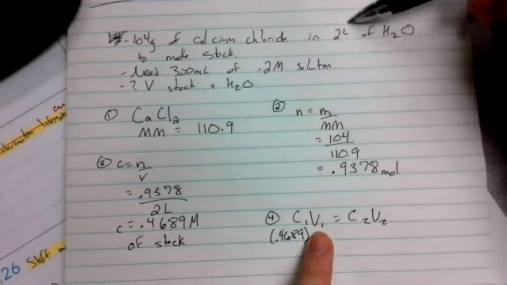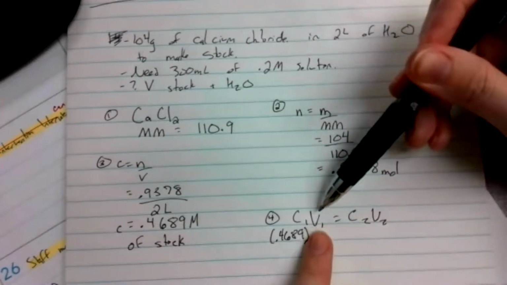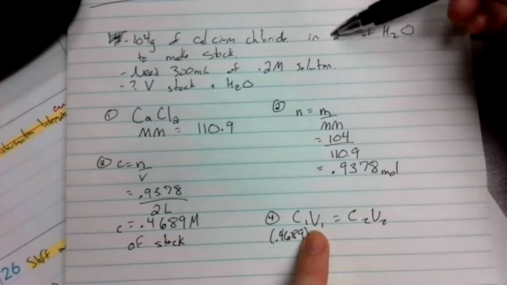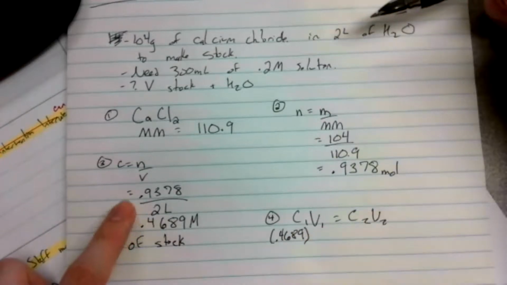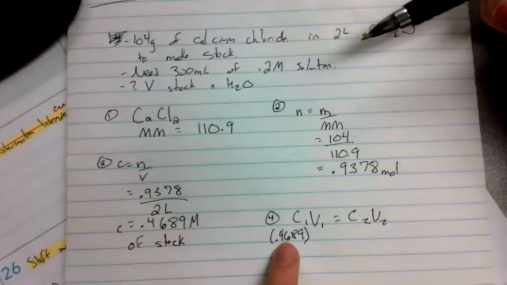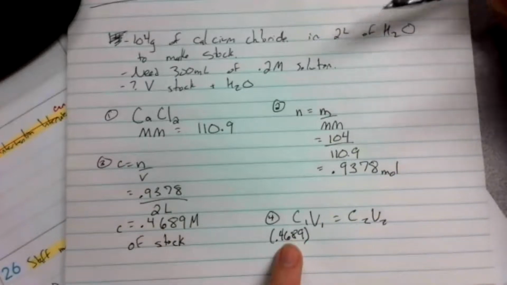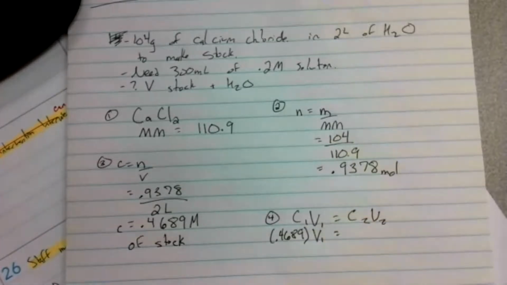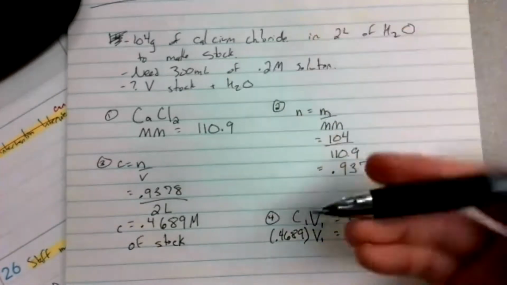So don't plug this 2 liters in our C1V1 equals C2V2 formula. This 2 liters is only used to find the concentration of our stock solution. It's not how much stock solution we used. So V1 is what we're looking for. It's what we were asked to find.